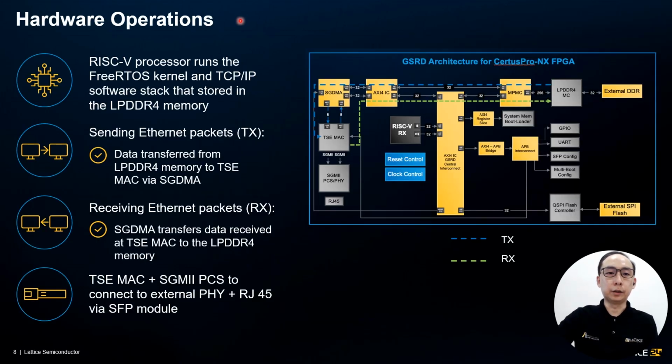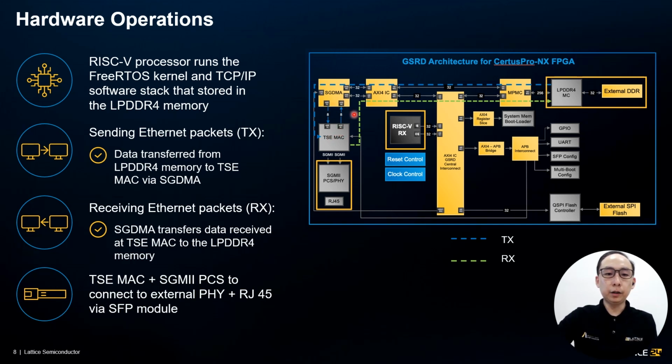Now let's look at the hardware operations for the GSRD. The RISC-V processor runs the FreeRTOS kernel and the TCP/IP software stack that is stored in the external LPDDR4 memory. For sending Ethernet packets, the data is transferred from the external LPDDR4 memory to the TSE MAC via the SGDMA.